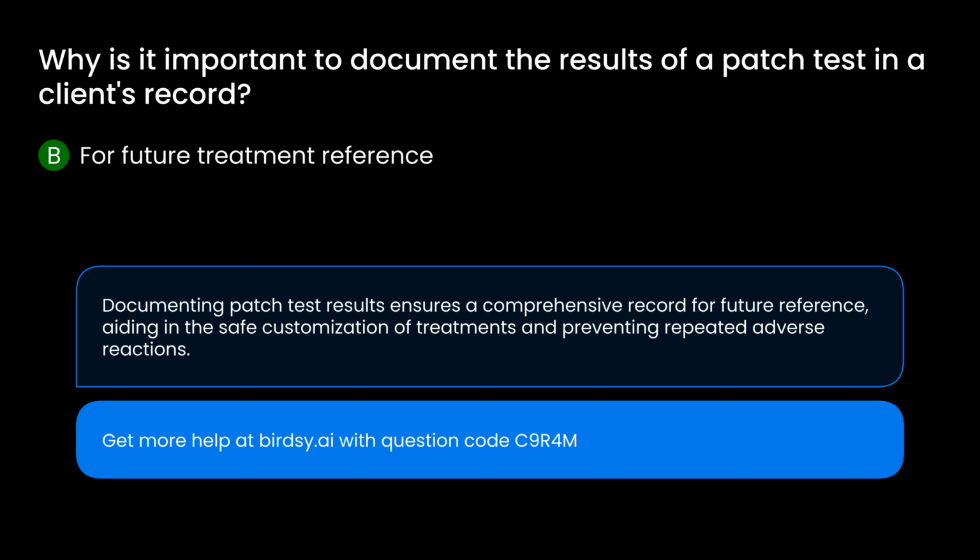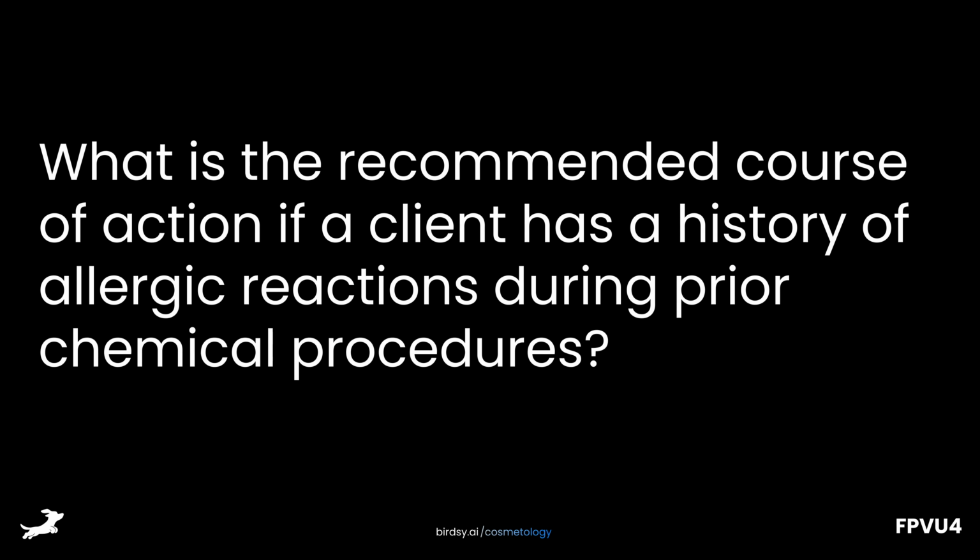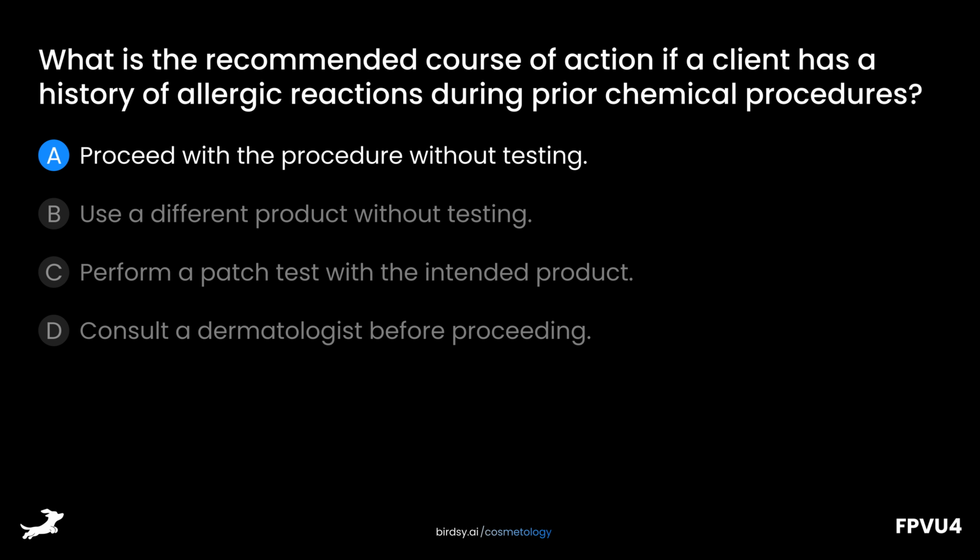repeated adverse reactions. What is the recommended course of action if a client has a history of allergic reactions during prior chemical procedures? Is it A, proceed with the procedure without testing? B, use a different product without testing? C, perform a patch test with the intended product?